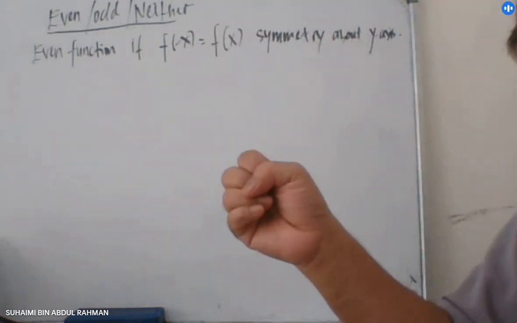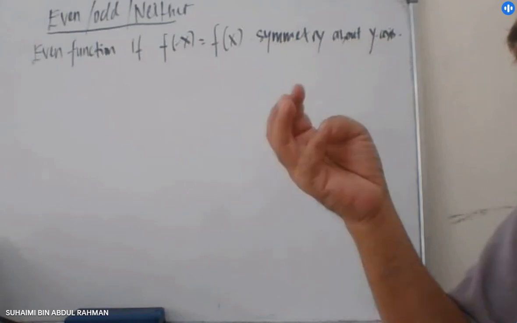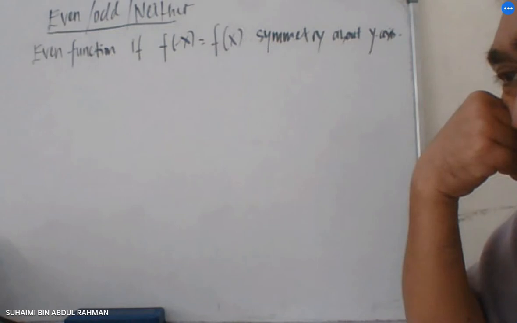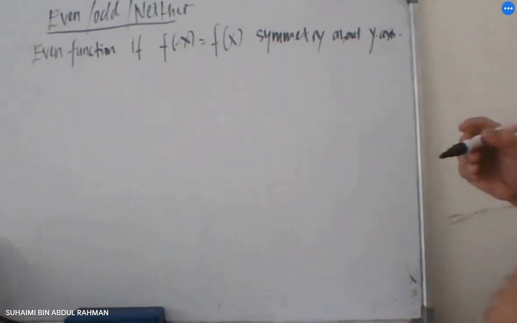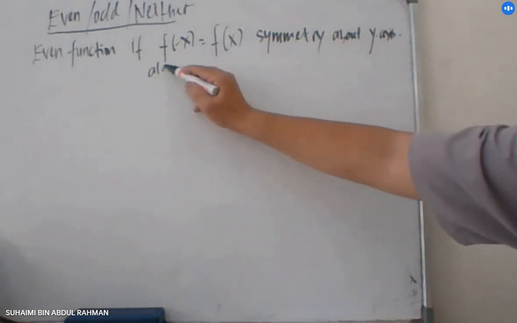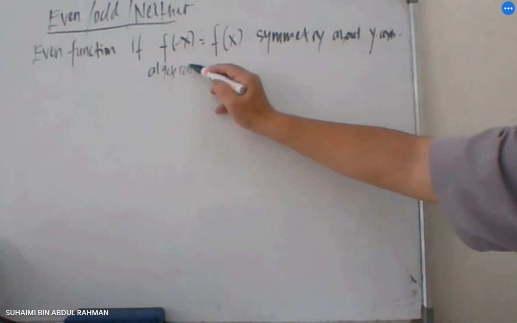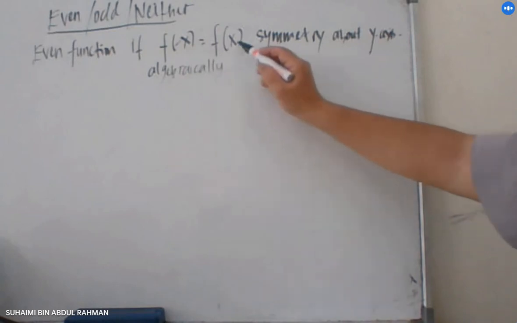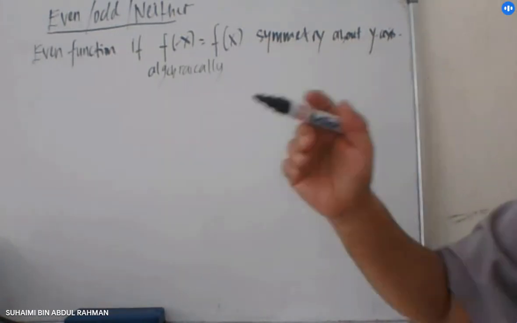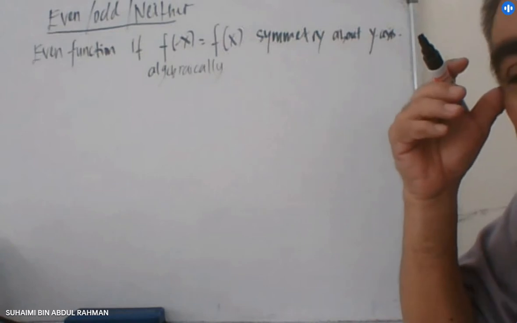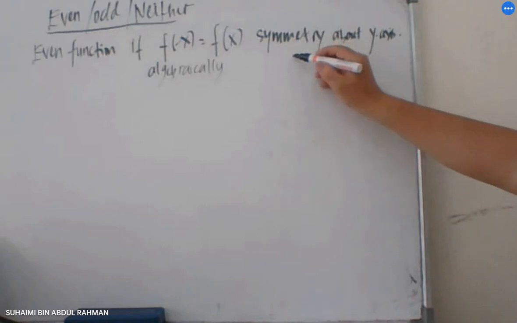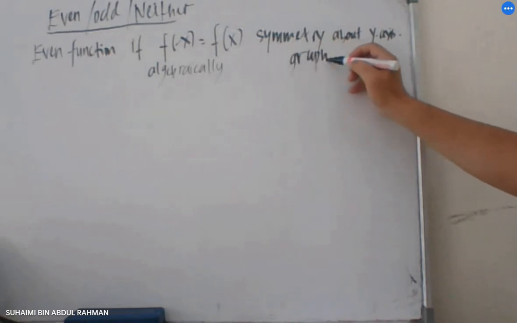So one function, the way we want to determine whether the function is odd function or even function, we can determine what we call algebraically test. Either algebraically, which is we change x to minus x, we look at the value, whether we have the value same or not, or we can test graphically.